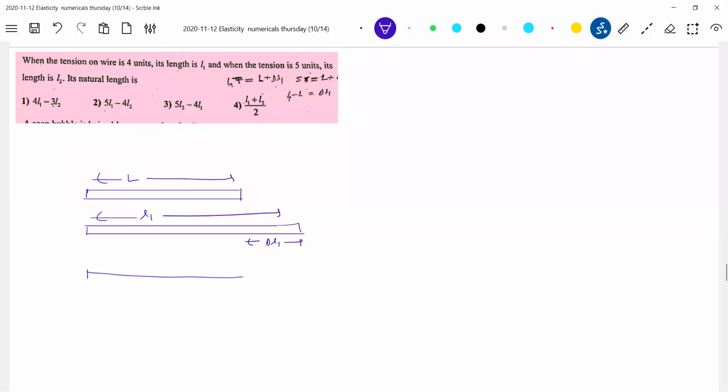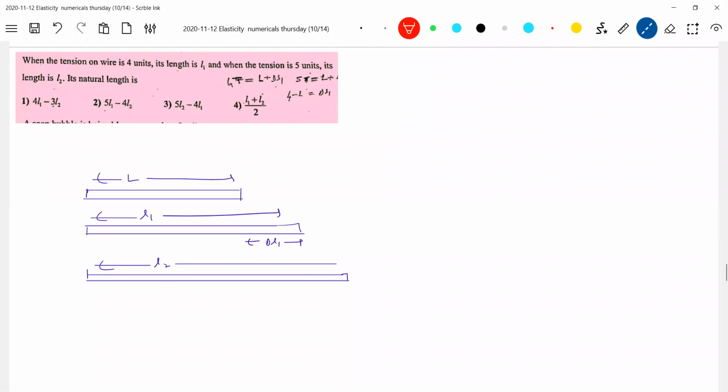And when the tension is 5 units, the elongation, we should take the reference from here. So the elongation is delta L2.